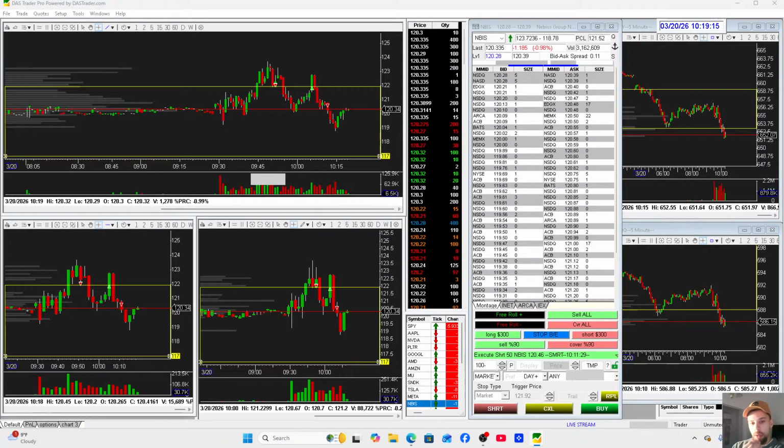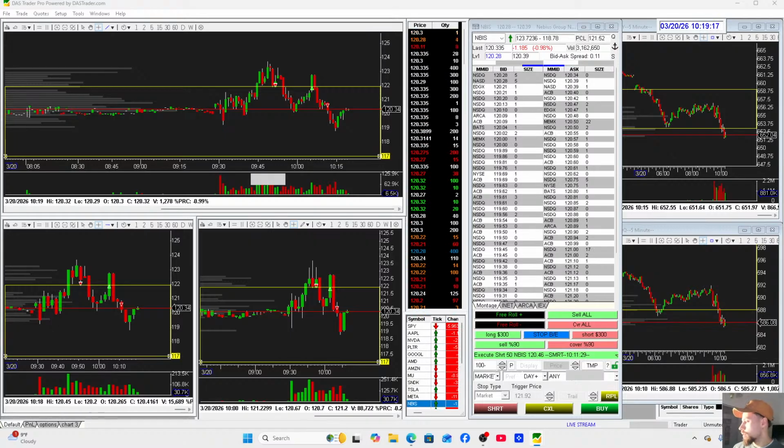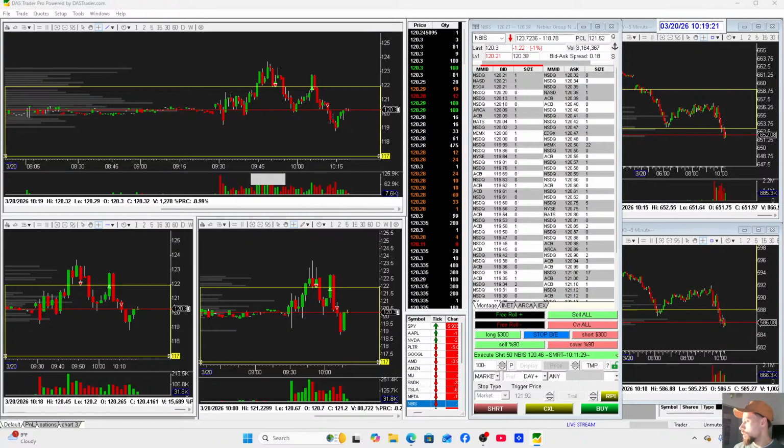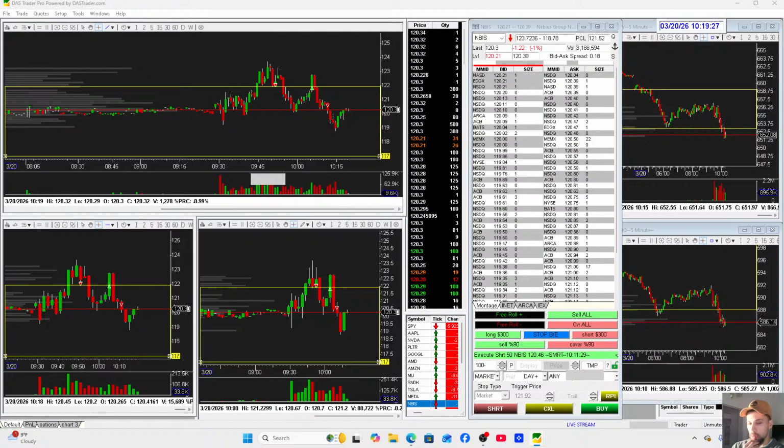Kind of have a feeling that this guy's gonna go sideways for a while. From 121 to 119. I feel like it's gonna wedge before it makes another move, either up or down.